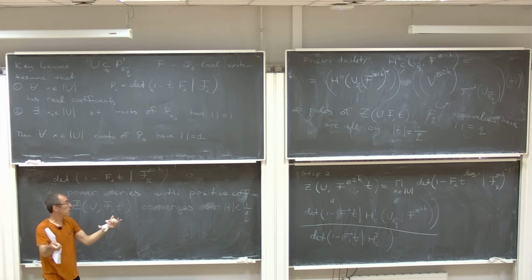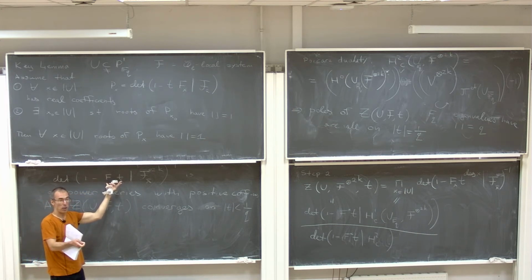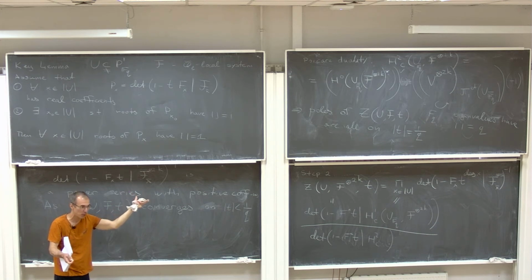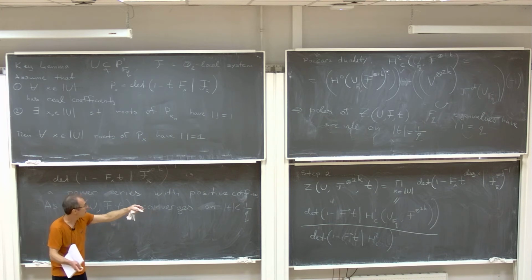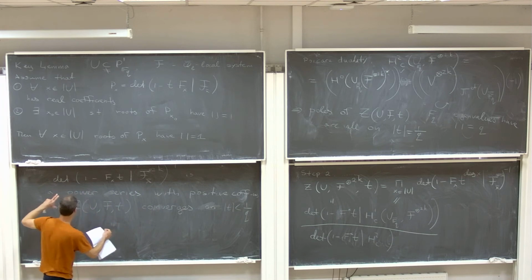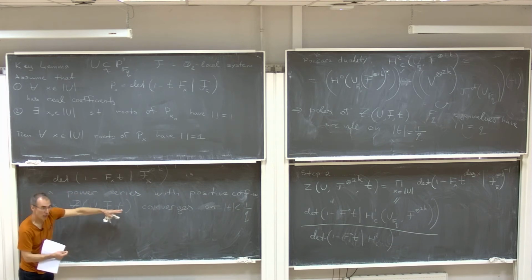Because what we have here is a product of power series with positive coefficients. And we know the convergence of the product on a disk. Now, the coefficients of this power series are bounded by coefficients of this power series, right?